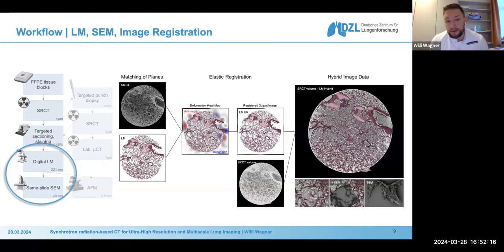But you can correct for this by means of elastic registration, and then you can put your digitalized micrograph into the three-dimensional structure. Not only do you have precise information about the type of tissue that you are looking at, but you can also propagate the three-dimensional structure of any given piece of interest.